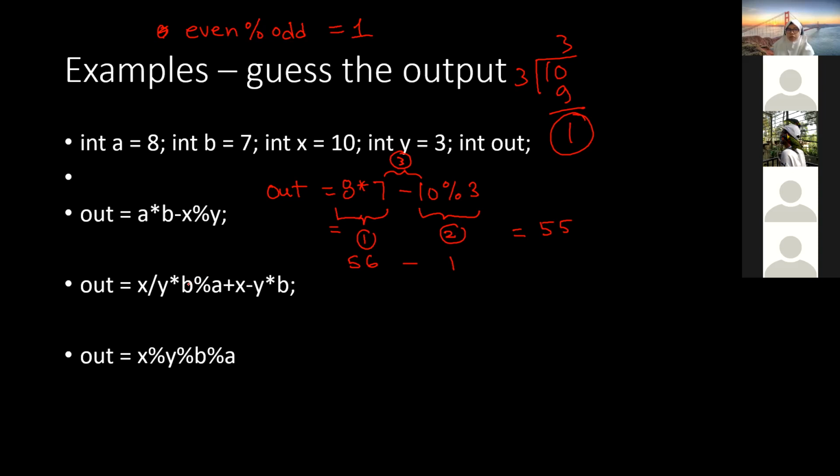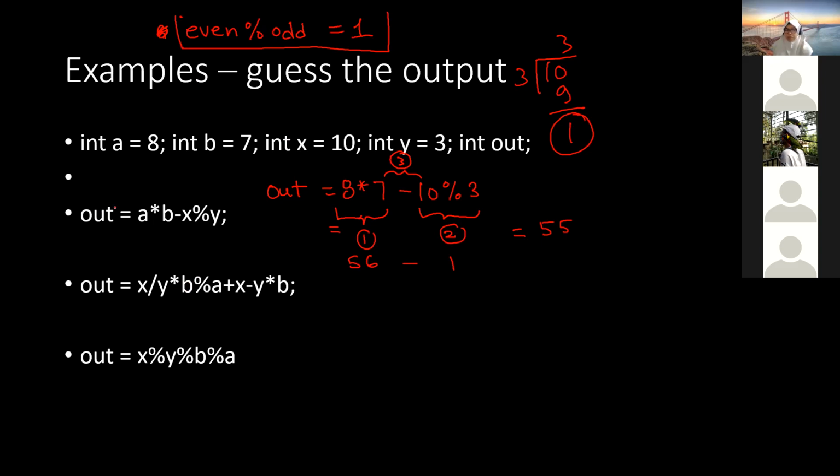For example, 4 modulus 3 is 1, and 5 modulus 2 is also 1. You can just check that. The easiest thing to remember is that an even number modulus an odd number is always 1.